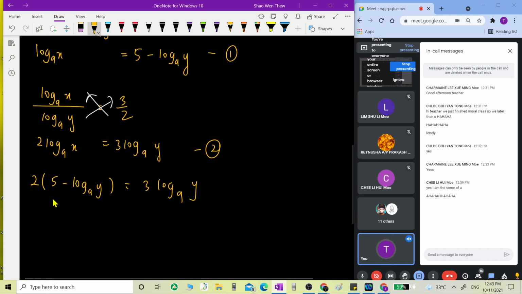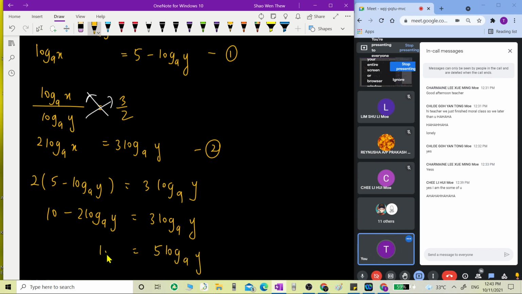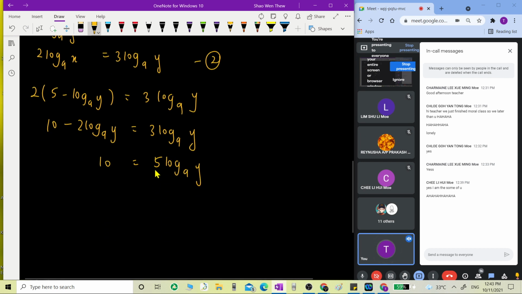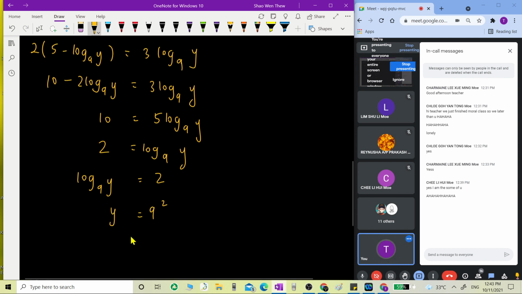So this is 10 minus log 9y. This is 3 log 9y. Then you can bring this one to the right side. Becomes 3 plus 2 is equal to 5. So 5 to here is 2. So y equal to 9 square, y equal to 81.